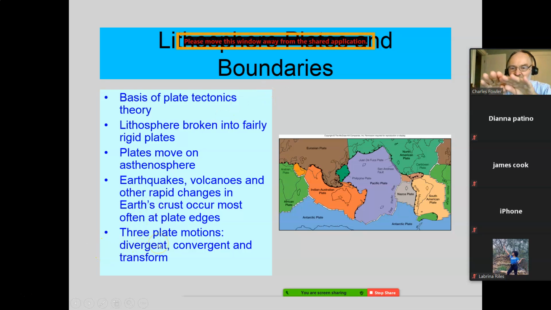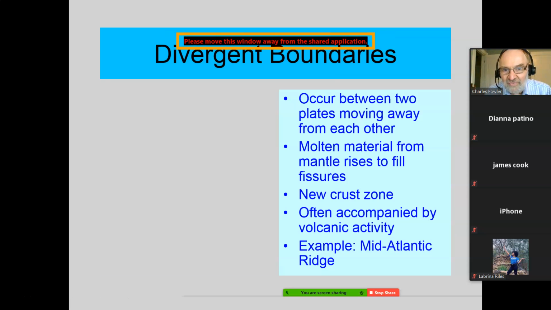Divergent plates, where plates are moving apart, convergent plates, where they're coming together, and transform boundaries, where they're moving in different directions, and that's what the transform stands for. So let's start with the divergent plates.